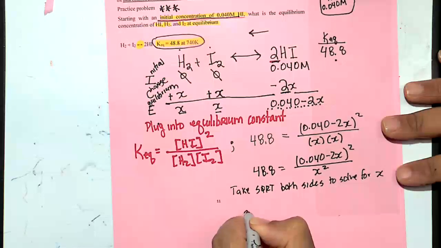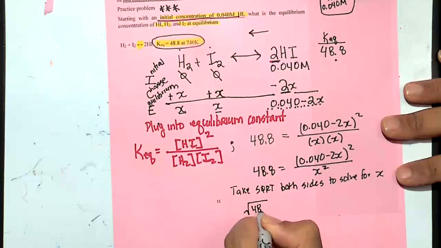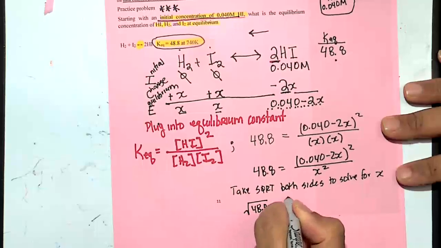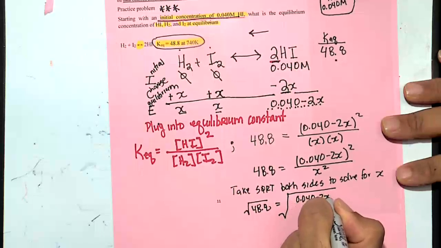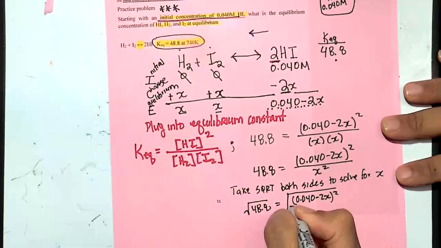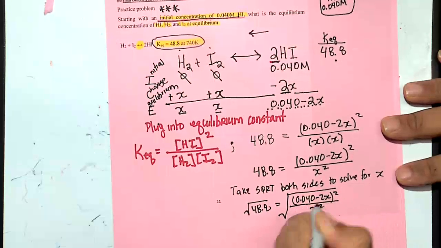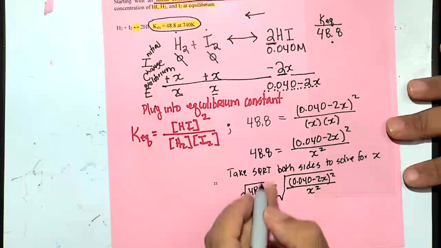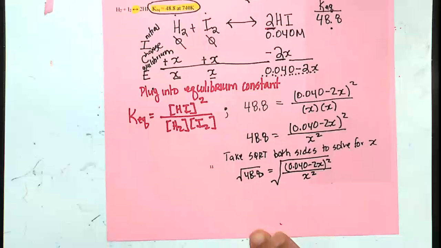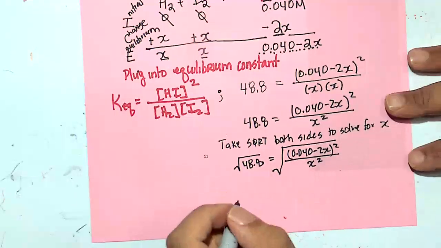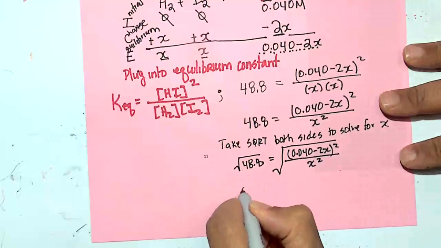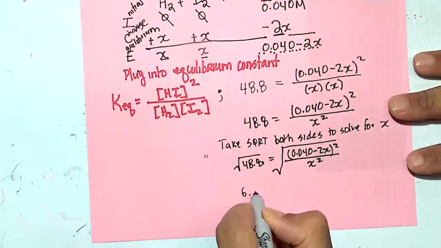Alright, so what's the square root of 48.8? Okay, about 7, so 6.99.